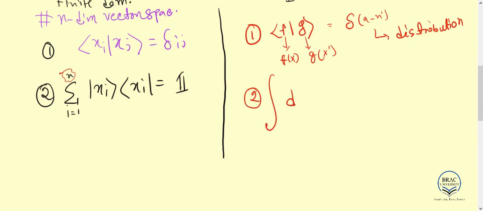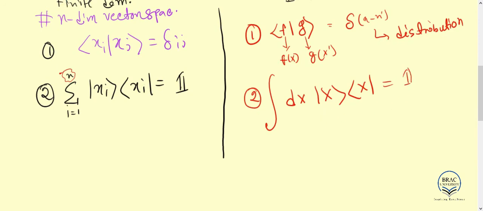So let's write this dx over here, and this will be our identity. Notice that this is not a matrix. So in case you get confused, just write it as I or 1. And this is the counterpart of the completeness relation.